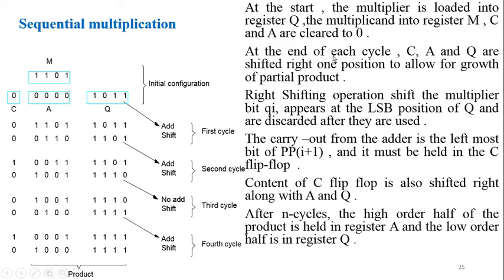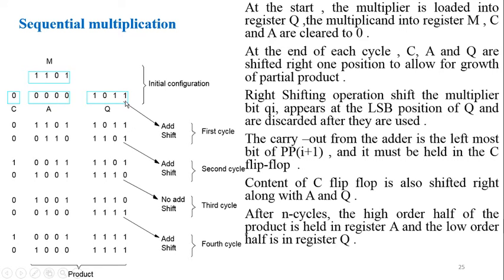At the end of each cycle, C, A and Q are shifted right one position to allow for the growth of the partial product. Here, we want to consider the least significant bit of this Q array. If it is 1, we want to perform an addition of the current accumulator array with the multiplicand array and write down the values.